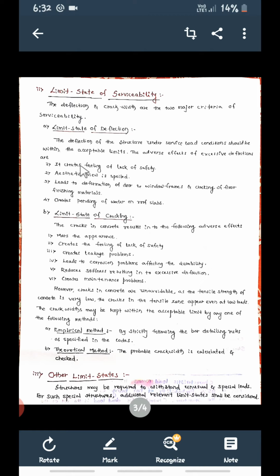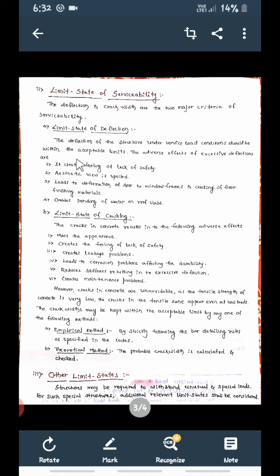If the deflection is there, then it creates a feeling of lack of safety. Suppose there is a small bending of a beam; no doubt it will not suddenly fail, but if it bends, we assume that there is a lack of safety.